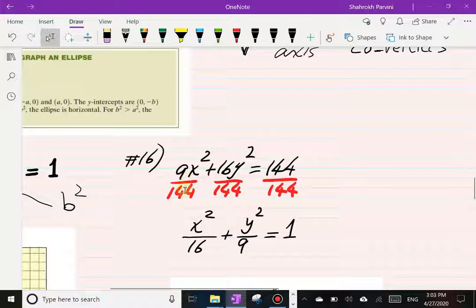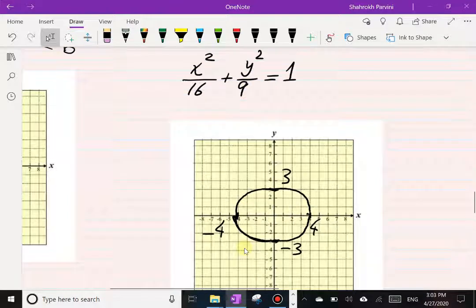So I divided the 9s out. The second fraction, I divided the 16s out. 144 is again the product of 9 and 16, so we crossed out the 16s, and that's how I got the 9 here.